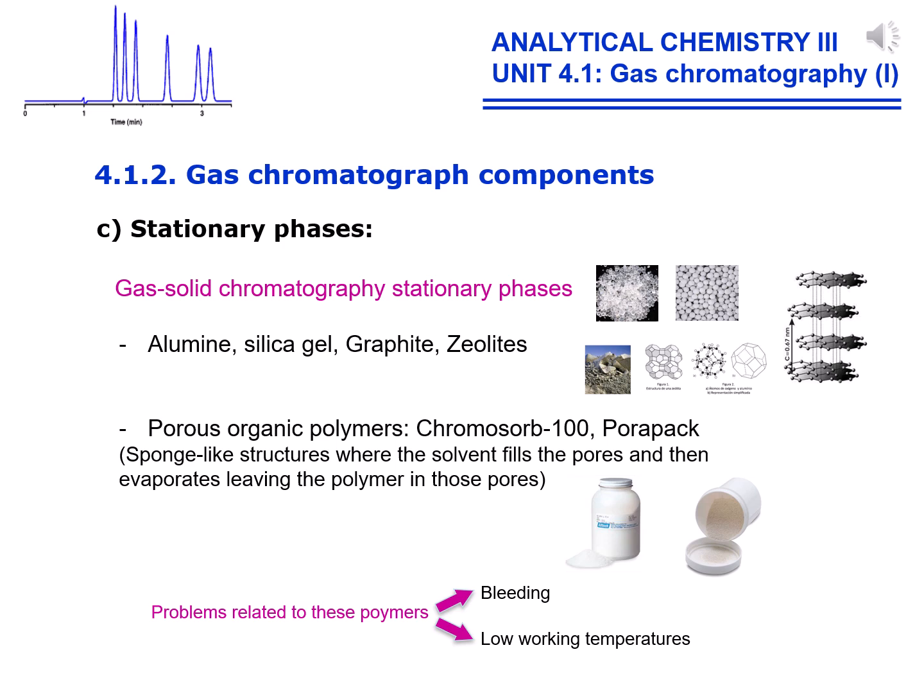There are several types of commercial polymers that have sponge-like structures where the solvent fills the pores, and after evaporating, the polymer stays in the pores. The main disadvantage of this type of adsorbents is their relatively low maximum working temperatures and high bleeding, hindering their use with sensitive detectors.